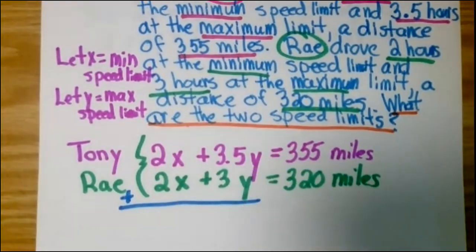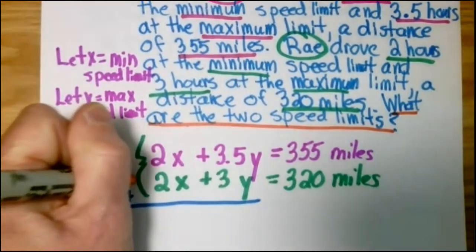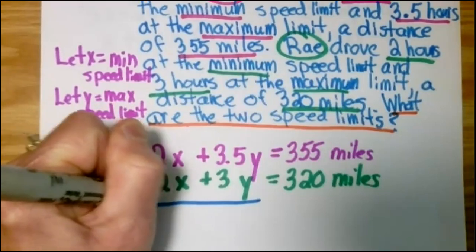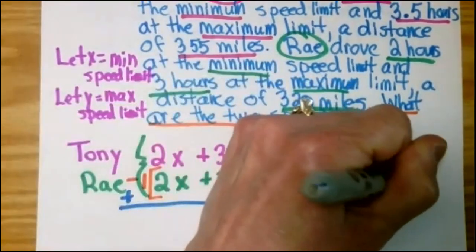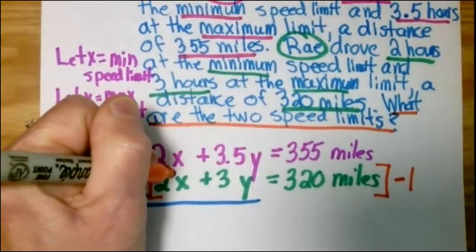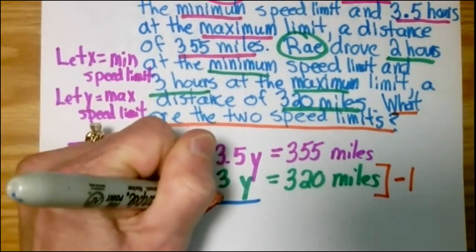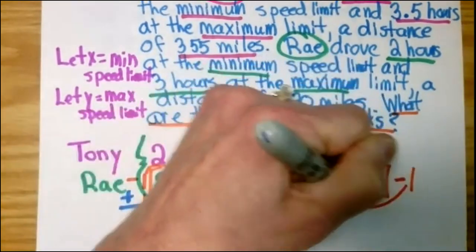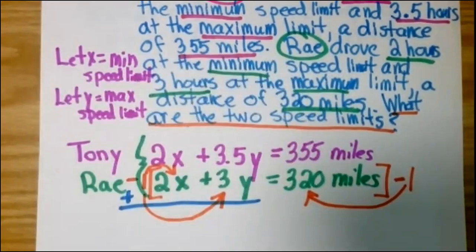So I'm going to multiply by -1, use orange this time, -1 times the second equation, negative 1 times everything in that equation. So it's going to be negative 1 times 2x, negative 1 times 3y and negative 1 times 320. I have to do that.